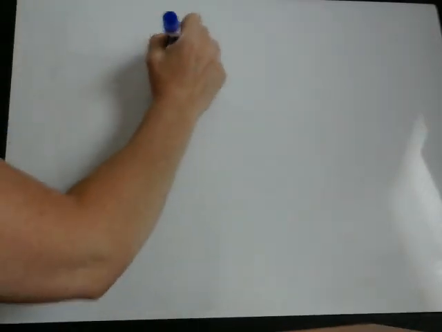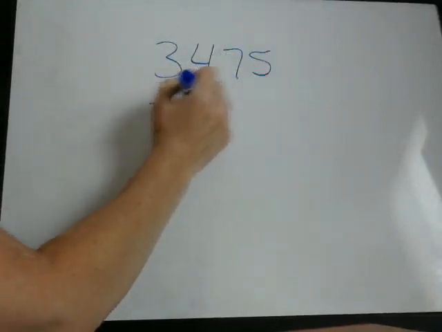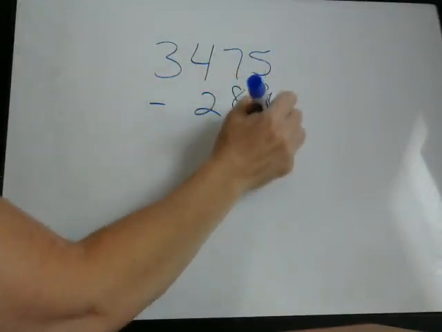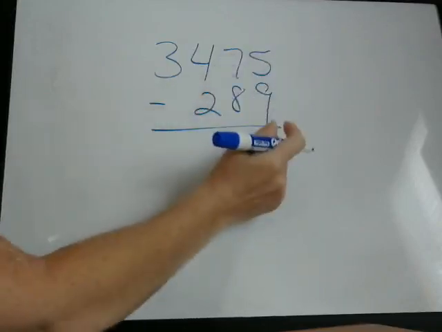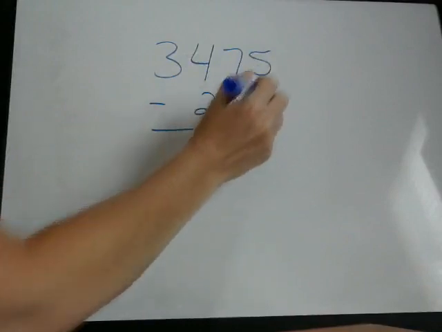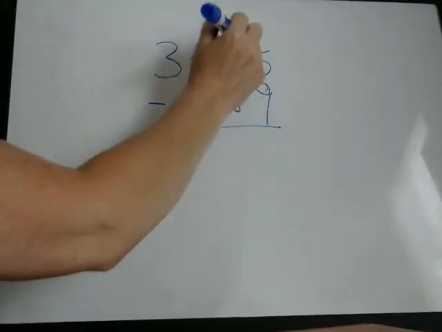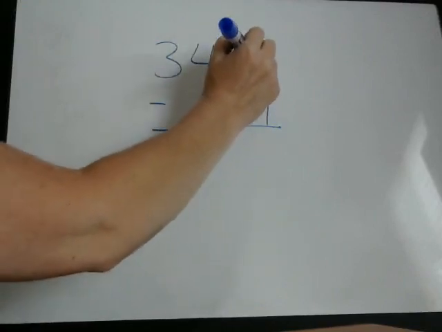If we have 3,475 minus 289, remember we're lining them up on the right-hand side. 5 minus 9, 9 is bigger than 5, so we're going to borrow 1 from this 7, making that a 6 because we borrowed 1, and put it over here.